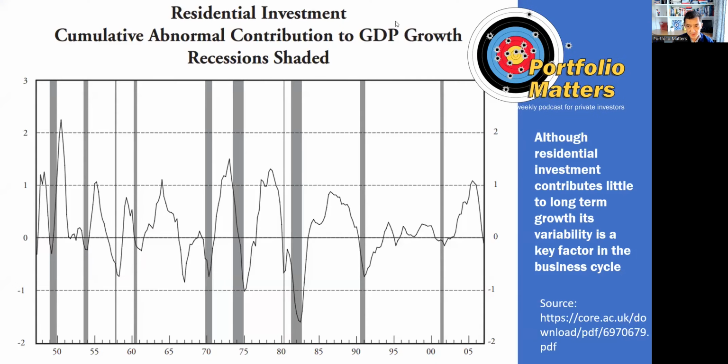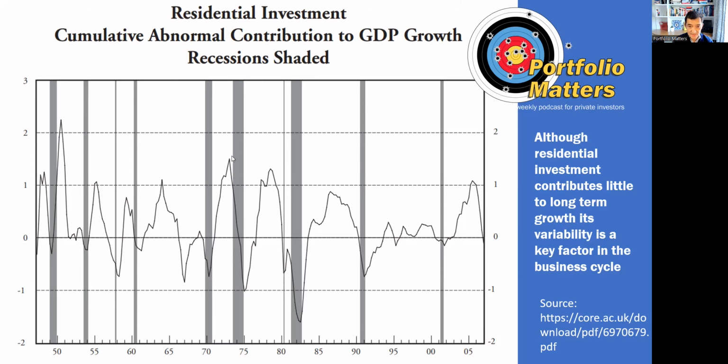Now, this chart shows the abnormal contribution to GDP growth of residential investment. You see, it's very volatile. It swings from plus 1% to minus 1%.